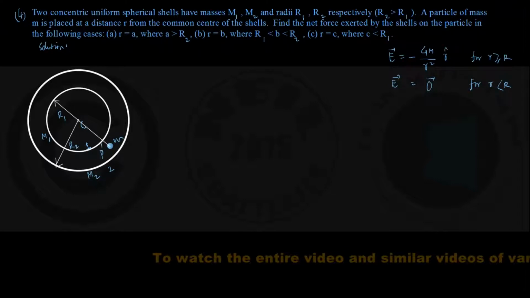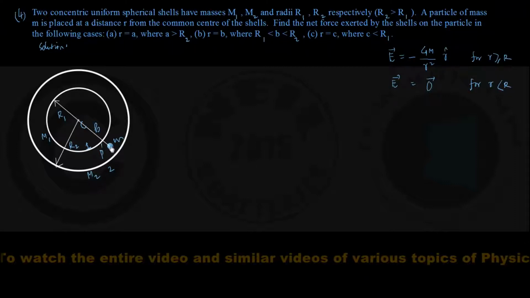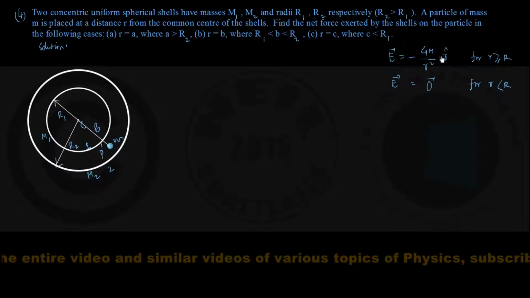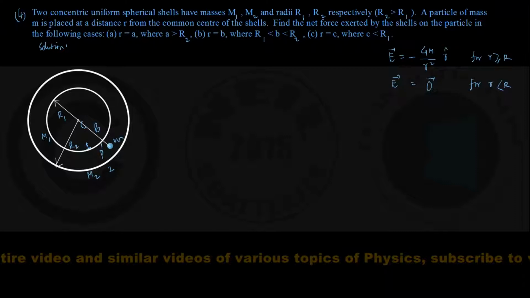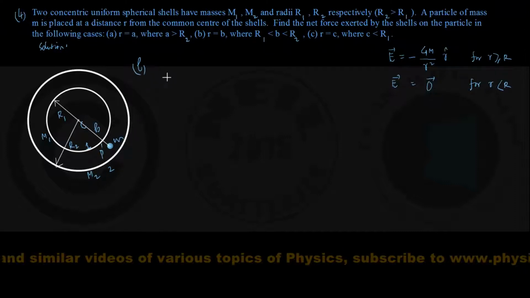This distance has been given to be small b in the problem, while the inner shell number 1 exerts a force because it is outside the shell, and the formula for E is minus GM by r square into r cap.